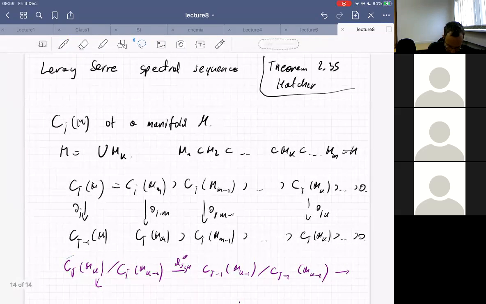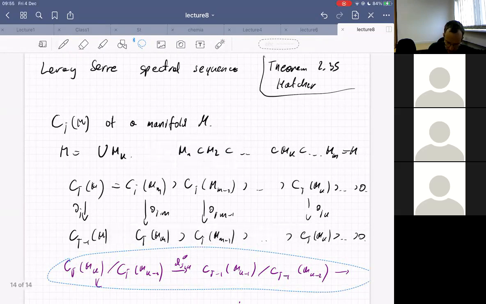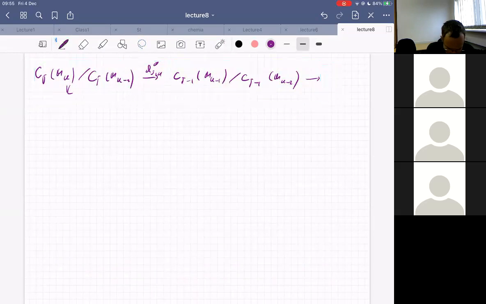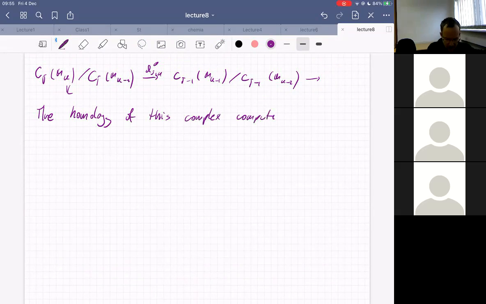let me just copy it here. The homology of this complex computes, well, the relative homology group.